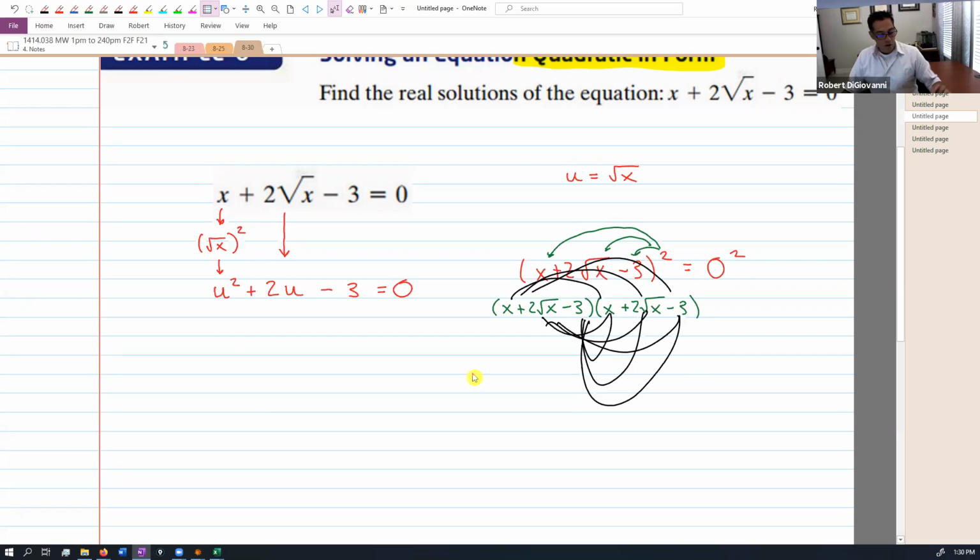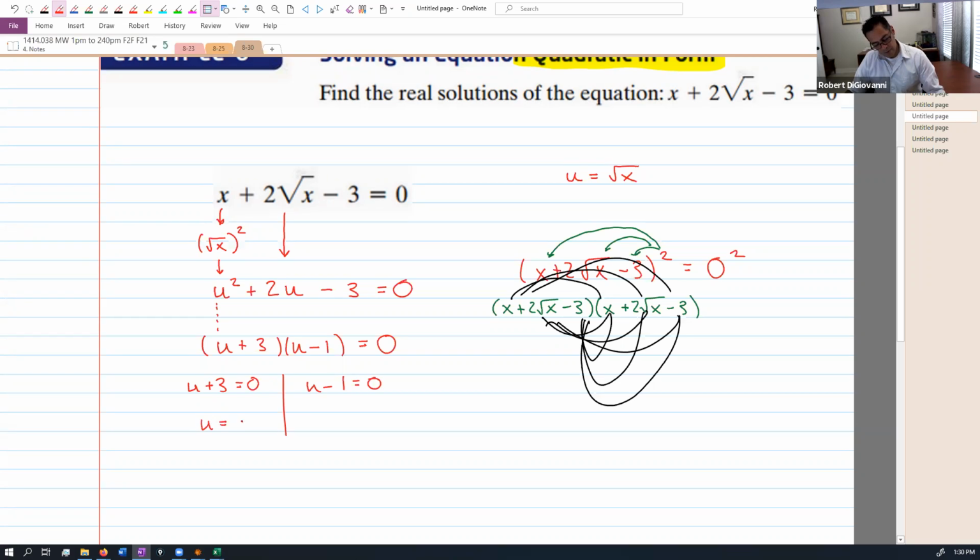All right, so we're over here. This factors, I'm going to go a little faster here. This should factor to be u plus 3, u minus 1. Again, not showing this work, trusting you could get that on your own. And then that gives us two equations, u plus 3 equals 0 and u minus 1 equals 0.